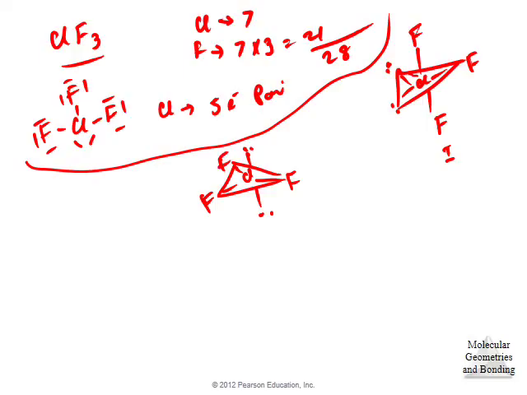And in the triangular plane, since it's triangular, angles will be 120 degrees from each other. So that's structure number 2. There is another structure possible. Again, let's draw that. Again, Cl at the center.